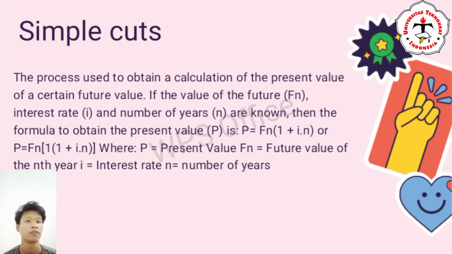If the future value Vn, interest rate i, and number of years n are known, then the formula to obtain the present value P is P equals Vn over 1 plus i n, or P equals Vn times 1 plus i times n, where P equals present value, Vn equals future value of the entire years, i equals interest rate, n equals number of years.